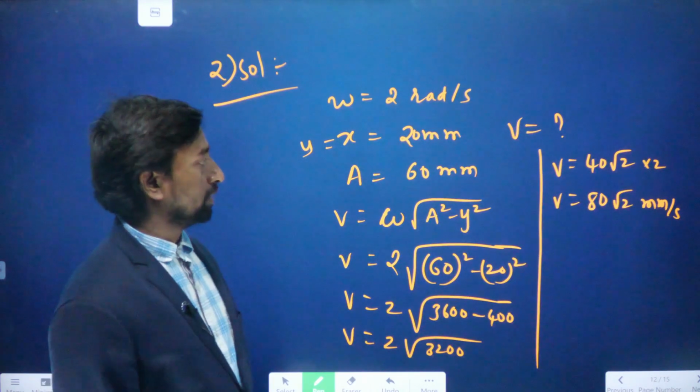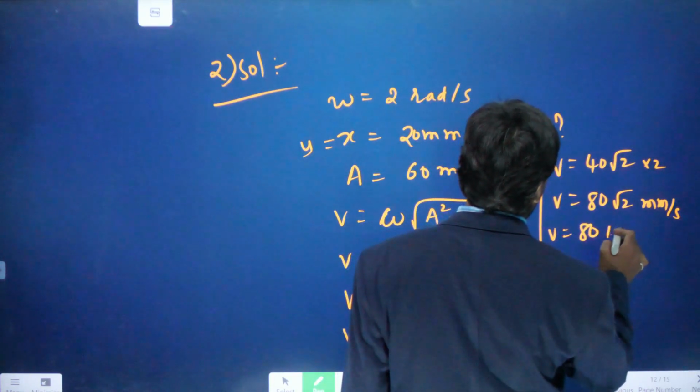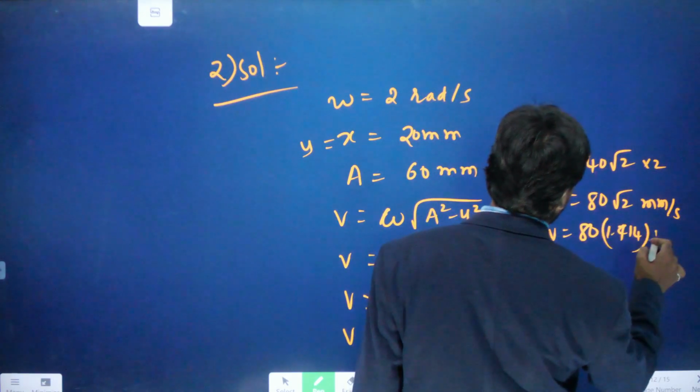Now the value of root 2 is 1.414. If you multiply 80 by 1.414, how much do we get?